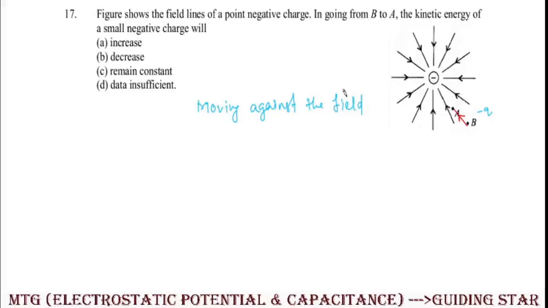Not moving against the field, moving against the force, moving against the repulsive force. Why we are moving against the repulsive force? Because it is already a negative charge and we are moving another negative charge towards a negative charge. That means like charges repel each other. क्लियर? तो इसीलिए वहां पे क्या हो रहा है, रिपल्सिव फोर्स आ रहा है.